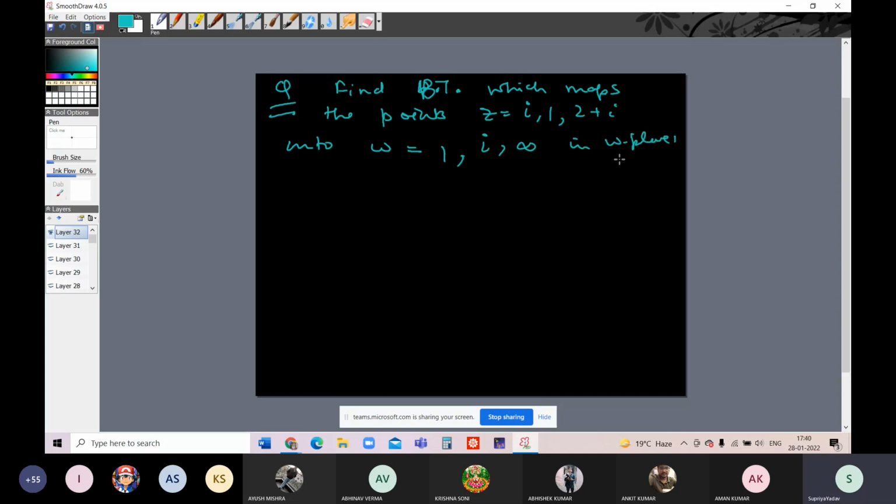So one way is we can do it by cross ratio, and the other way is by using az plus b upon cz plus d. So it is given that z is equal to i is mapped to 1 and 1 is mapped to i and 2 plus i is mapped to infinity. We have the map in general as az plus b upon cz plus d. This is the map.